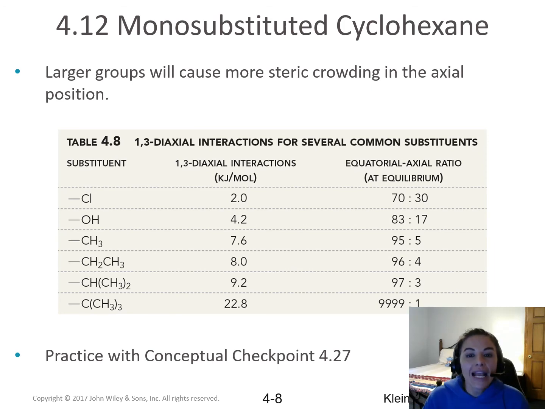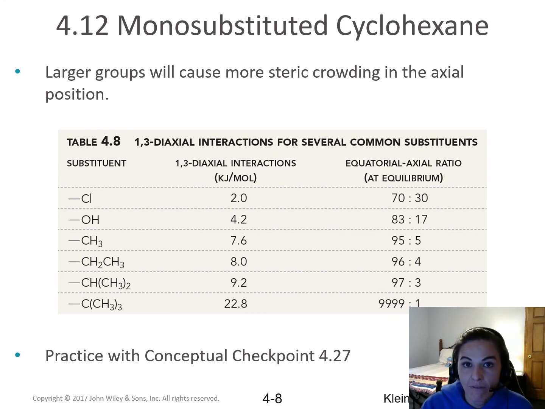On our next set of slides, we're going to work through drawing out cyclohexanes, monosubstituted and disubstituted. For now, what I want you to keep in mind is that any kind of substituent on a cyclohexane is more stable when it's in the equatorial position than in the axial position.